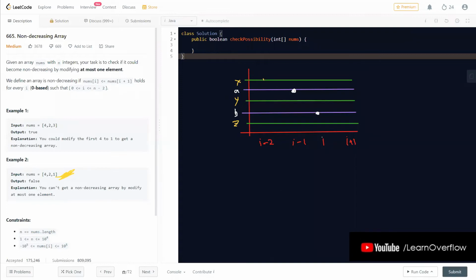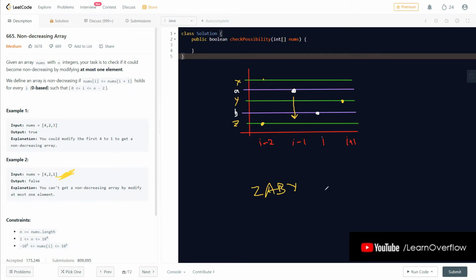It may happen that I minus 2 is at Z, and it went up to something like A, and it became B, and then it ended up somewhere between Y. So what I mean is, say Z, A, B and then Y. If it's going something like this, Z, A, B and Y, then we know we can bring down this to somewhere between Z and B, and thus with a single change we can actually make it a non-decreasing array. Okay, so that's one change, and that's the way we can change the following.